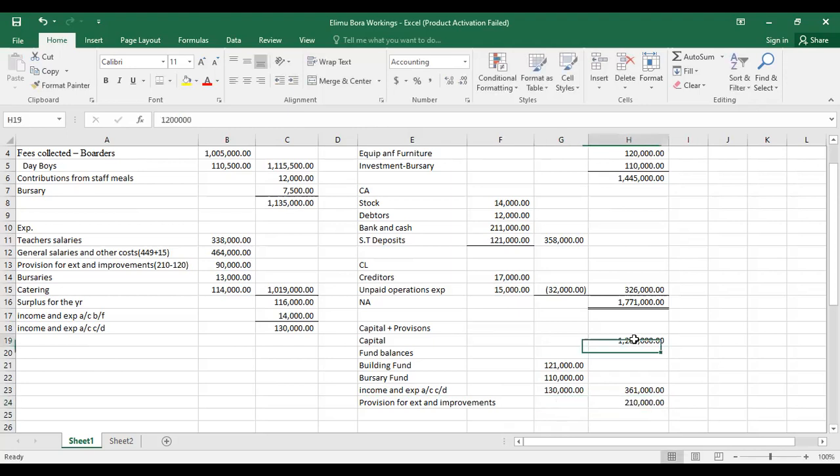I think that's all. So we total that, it's balancing. Just copy paste this. Not sure whether it will allow, cannot. Let me just put another formula. This plus this plus this.